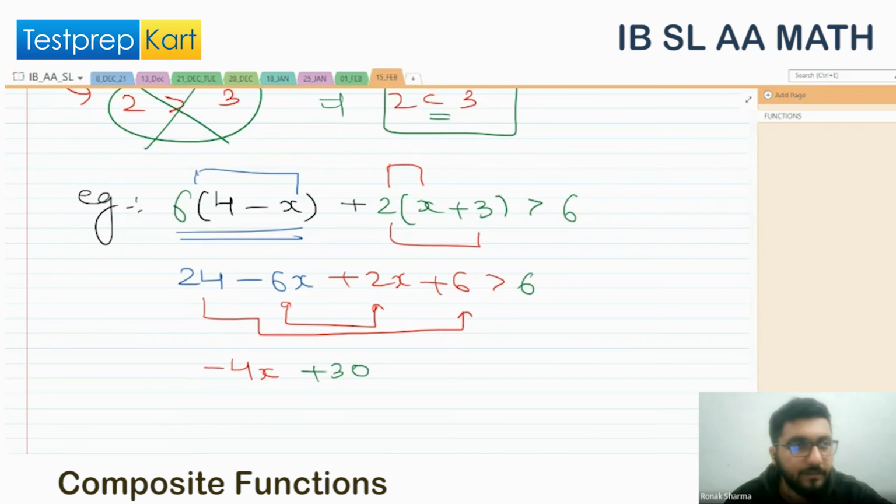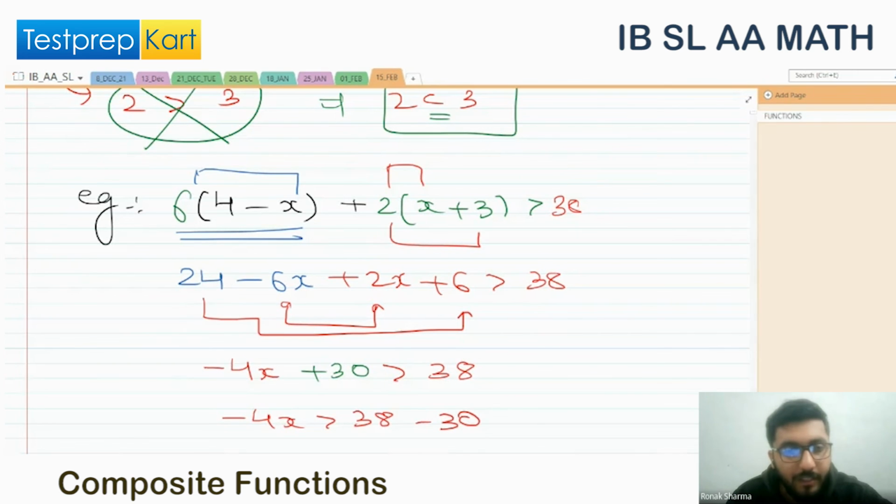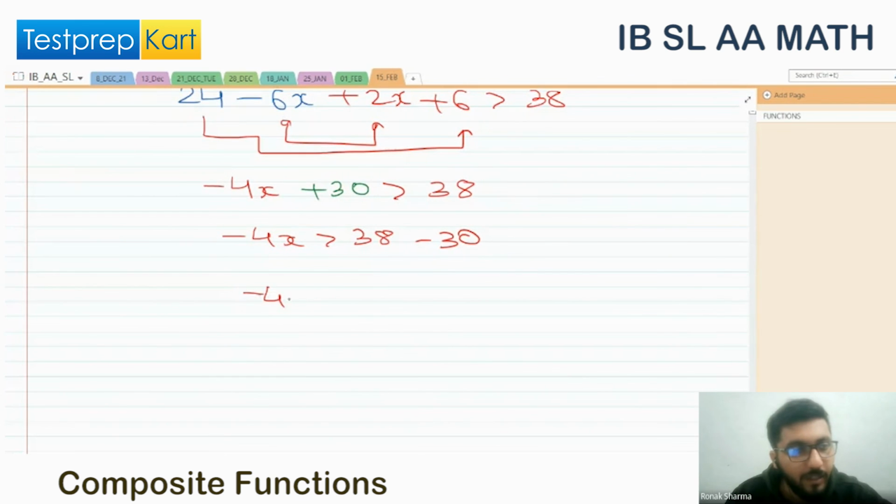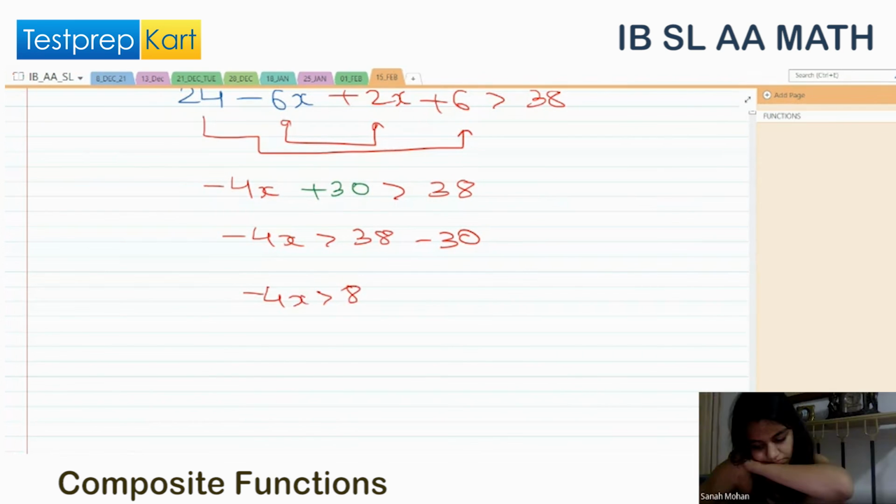Just a second. Let me make it 38. Now, greater than 38. So this 30 will go on the right hand side and will become minus 30. So what we are getting? Minus 4x greater than 8, right? Now what you're going to do?